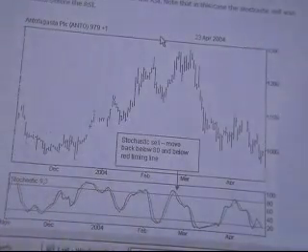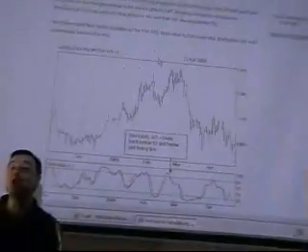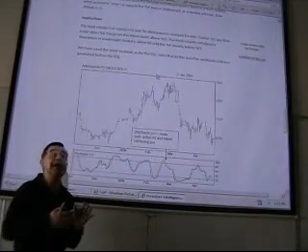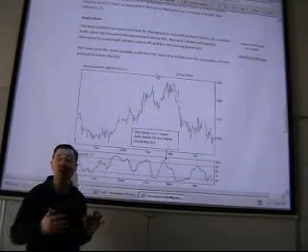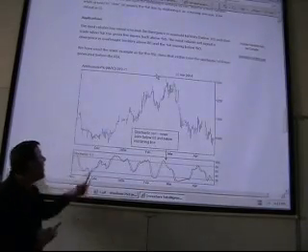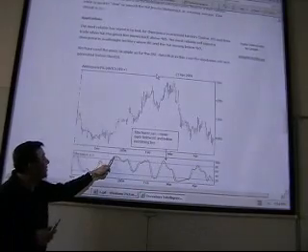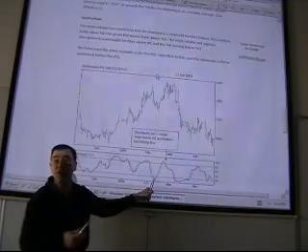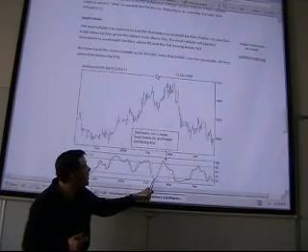Usually this is a good indicator for short-term traders or intermediate-term traders that are trying to trade in and out of intermediate trends. When you get into overbought condition, you might as well sell. This one here is called oversold condition, you might buy.